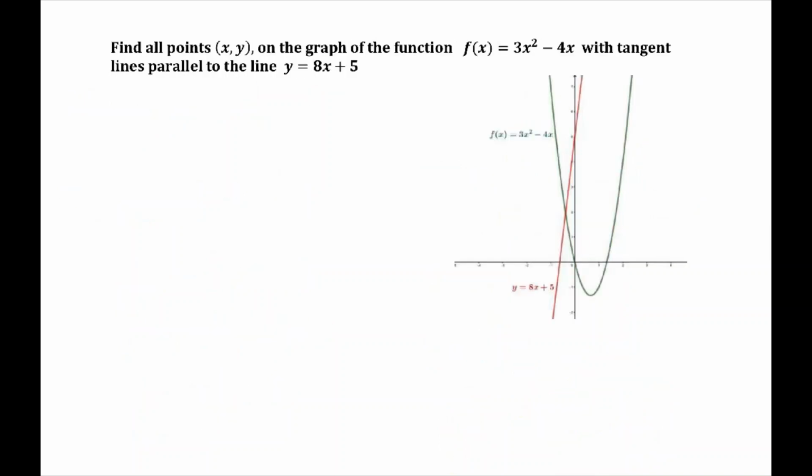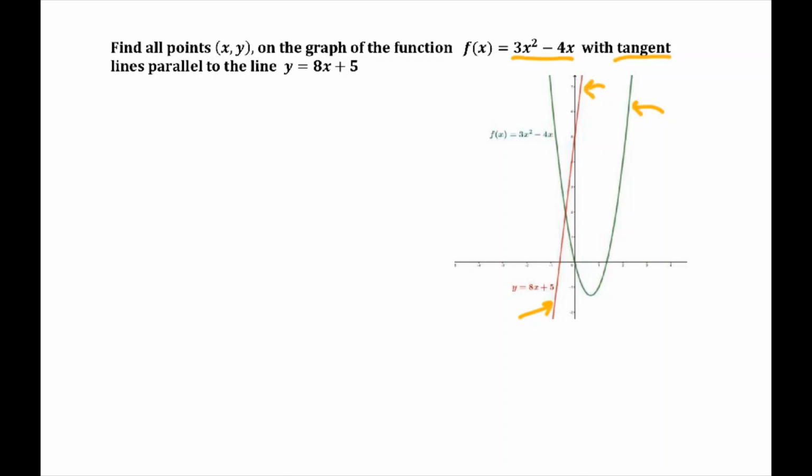Now in this question, the green function is 3x squared minus 4x, and the red is the line y equal 8x plus 5. They are asking us to find all the points in the graph, the green one, in which if I draw a tangent, the tangent will be parallel to this line.